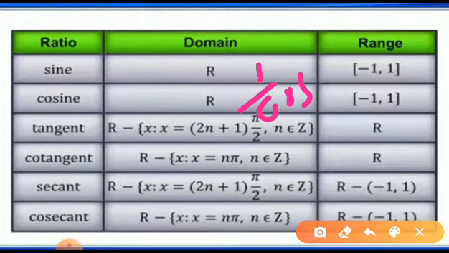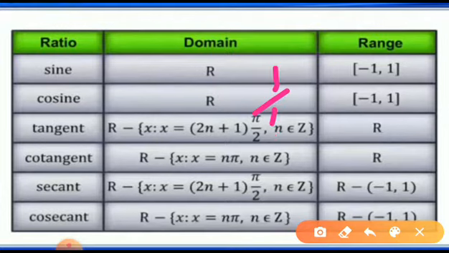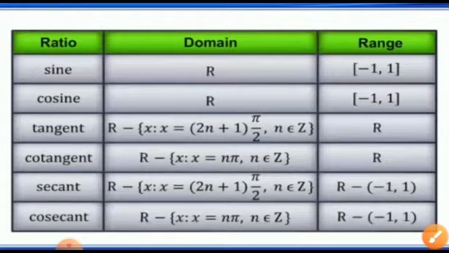The range of sec will be R minus the open interval -1 to 1. Similarly for cosec, the domain is R minus n pi, and the range is R minus the open interval -1 to 1.